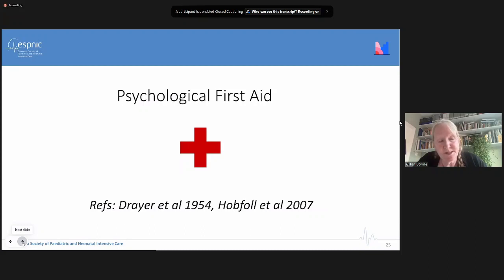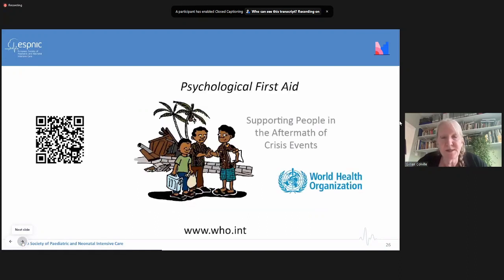It's a term that was first invented in the 50s, but recent research has given it a new currency, and has demonstrated that the way somebody's handled acutely after a difficult traumatic experience, whether that's a hurricane or a mass shooting or an earthquake, matters. The World Health Organization have put together some useful slides on what it is about the way somebody's handled acutely in a traumatic situation that leads to a better outcome psychologically in the long run.